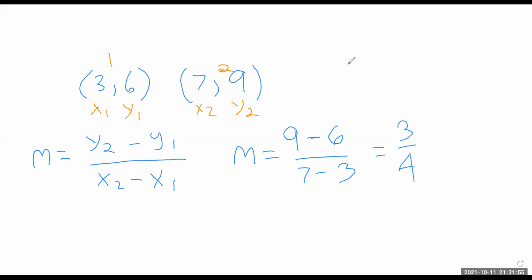So let's do one more problem. I'm going to go ahead and clear this out. And I'm going to rewrite our slope equation, m equals y2 minus y1 over x2 minus x1.